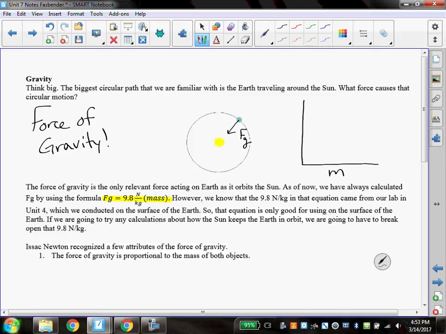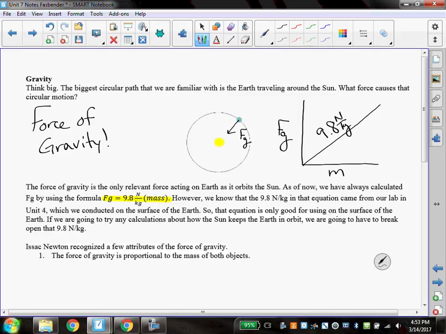We then created a graph of mass on the x-axis and force of gravity on the y-axis, and we found that there was a linear relationship between those two things. The slope of that line was 9.8 newtons per kilogram. So when you write the straight line equation for that line, you get Fg equals 9.8 newtons per kilogram times mass. That's how we got that equation.